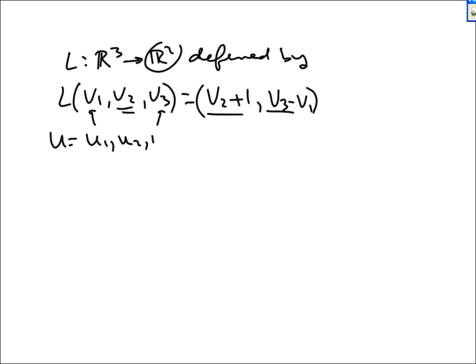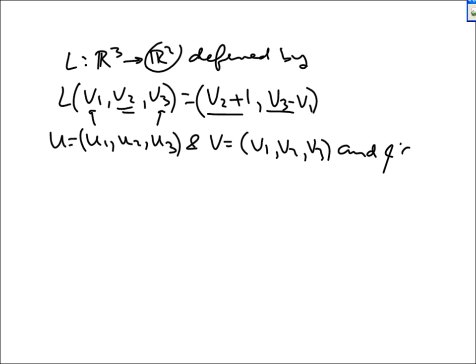Okay. u is u1, u2, u3, and v is equal to v1, v2, v3, and c is an element of the real numbers. c is any scalar. I ran out of room, so I wrote it that way. c is a real number.